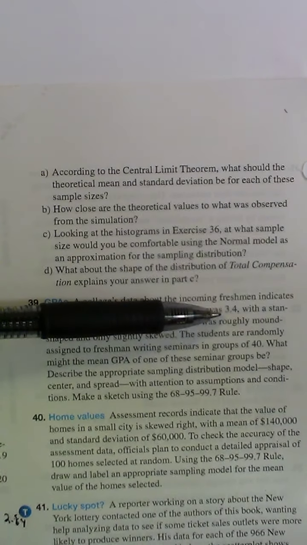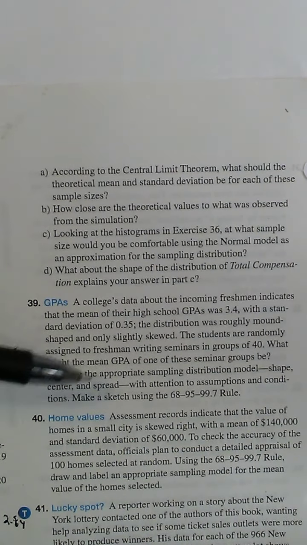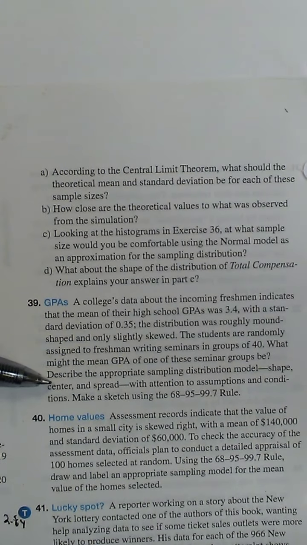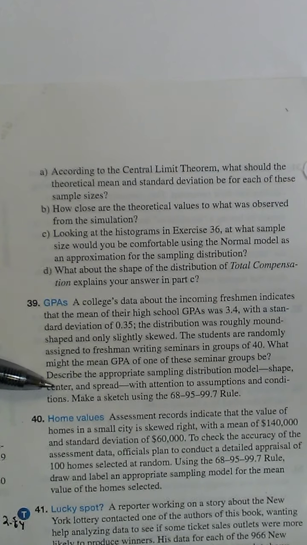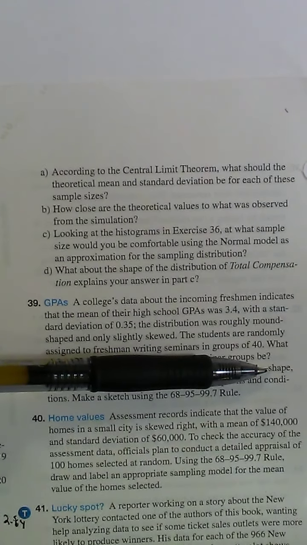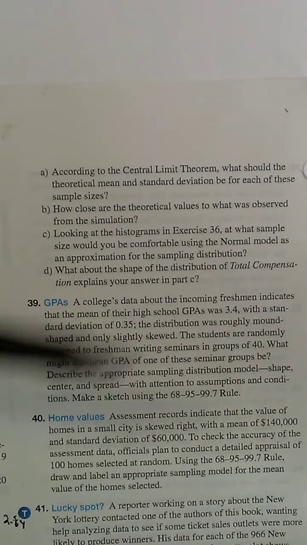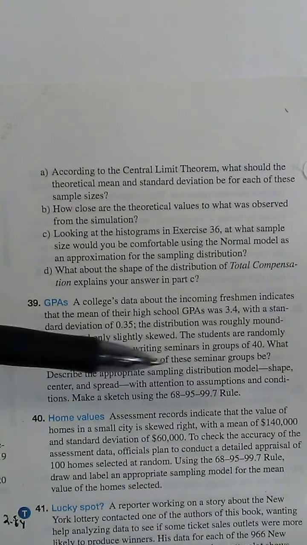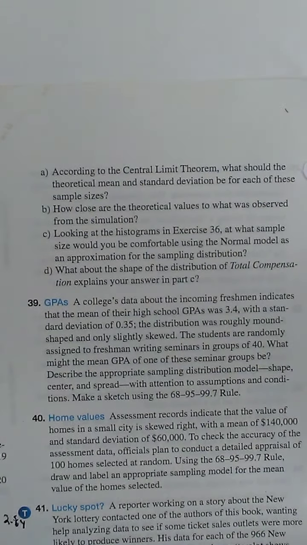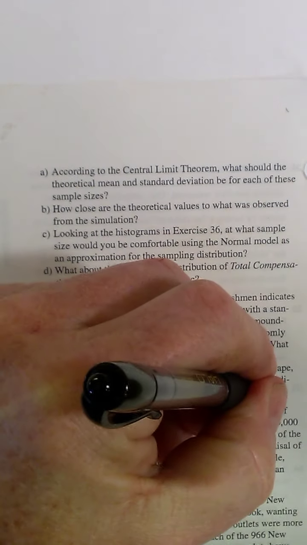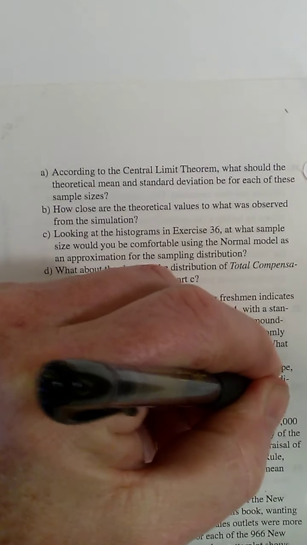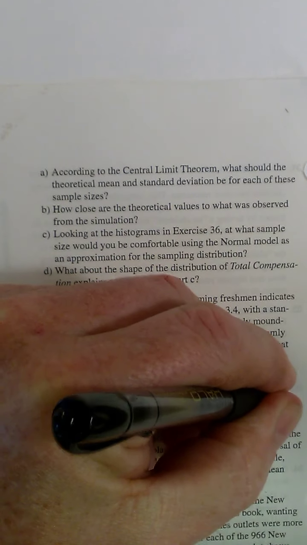Okay. Describe the appropriate sampling distribution model, shape, center, and spread. So I would expect the distribution of sample means from samples of size 40 to be approximately normal, with center 3.4 and standard deviation 0.35 divided by the square root of sample size.